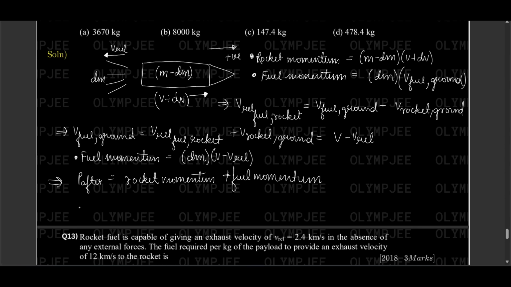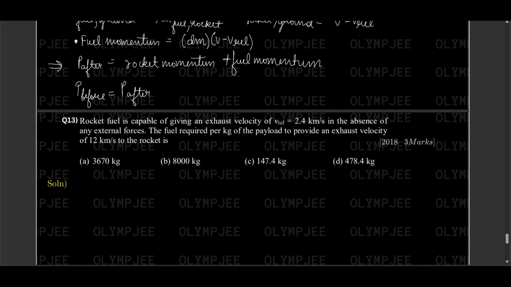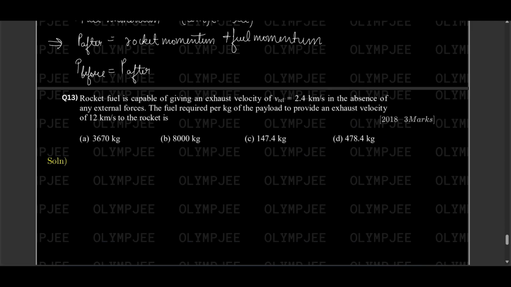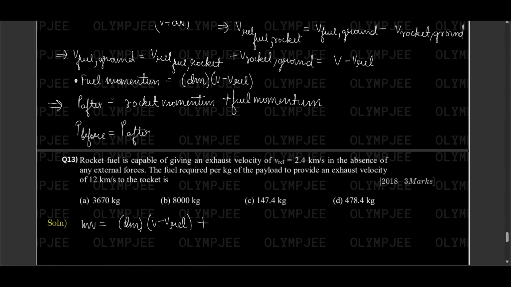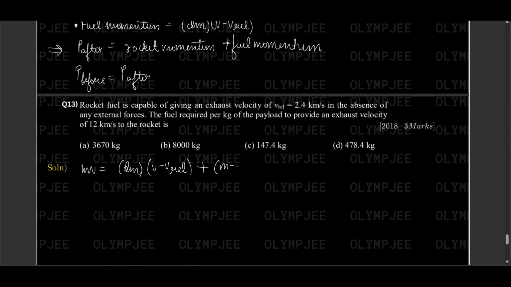And we have to conserve the momentum, so P before must be equal to P after. Equating, P before was mv, and P after is dm multiplied by v minus vrel plus the rocket momentum, which is m minus dm multiplied by v plus dv.